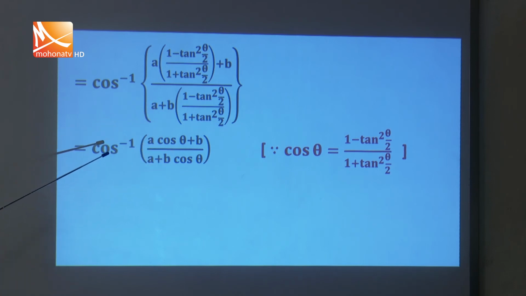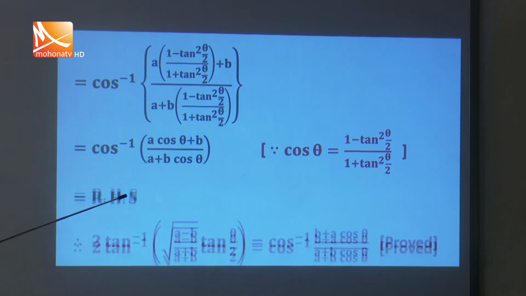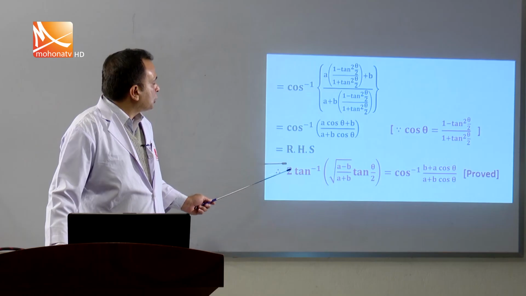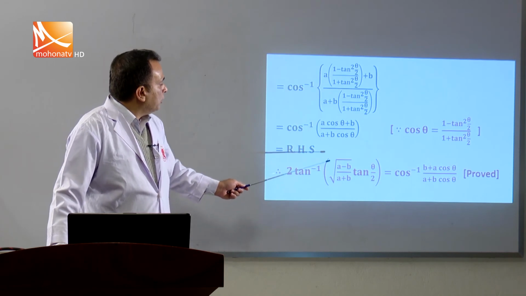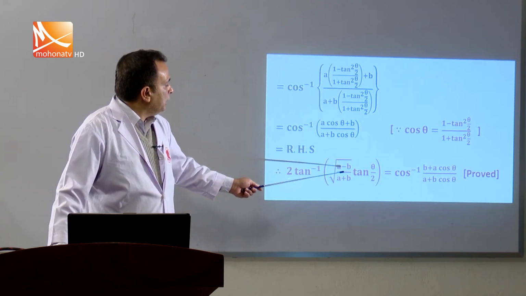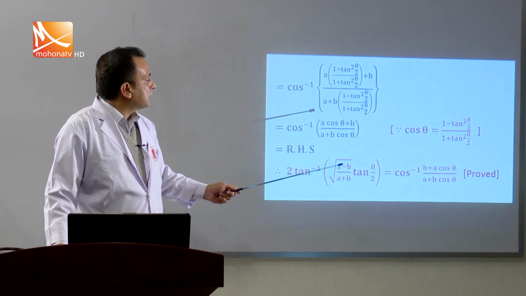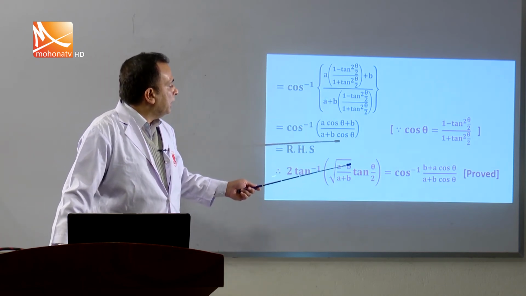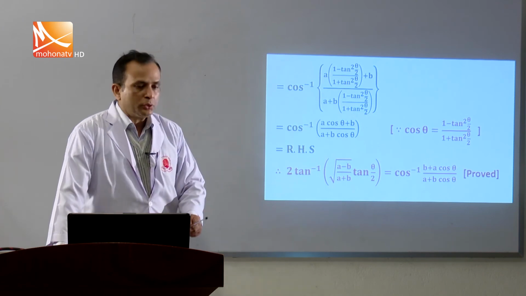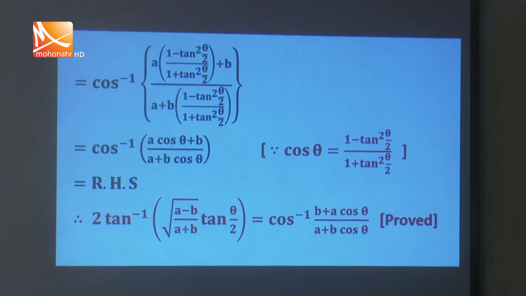Ultimately, our right hand side has been proved, that is cos inverse of a cos theta plus b by a plus b cos theta. Okay. You just see that this is the right hand side. So 2 tan inverse of the square root of a minus b by a plus b into tan theta by 2 equals cos inverse of a cos theta plus b by a plus b cos theta. Hence proved.